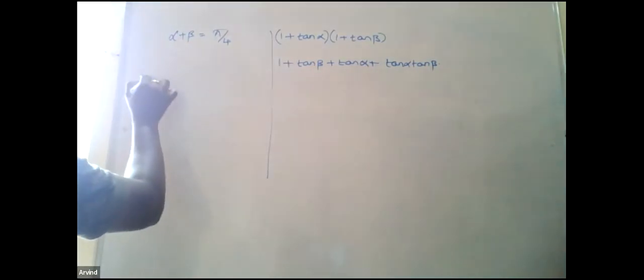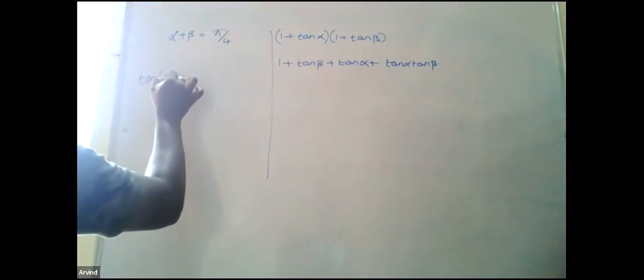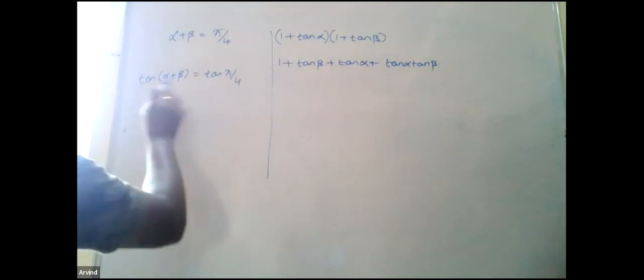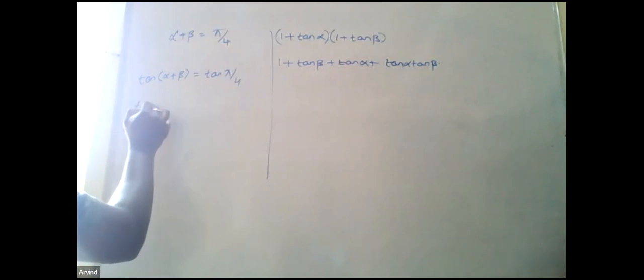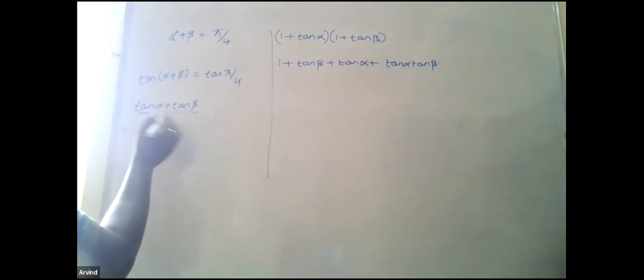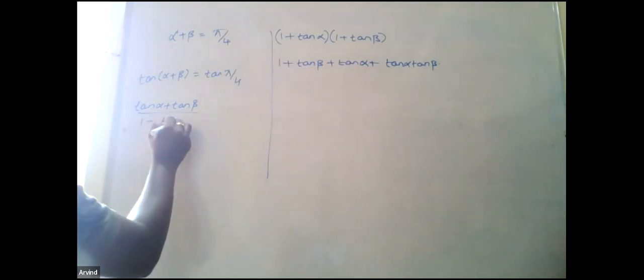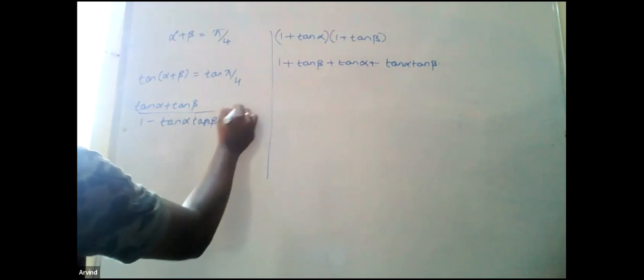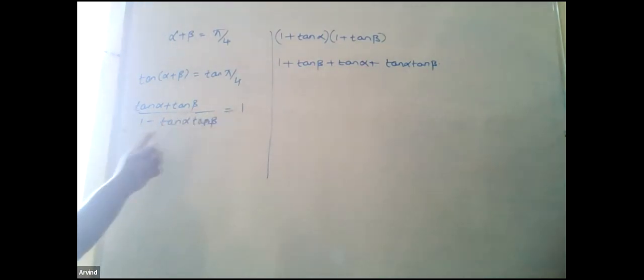Let's keep it aside. Now I'll apply tan on both sides. So tan of alpha plus beta is tan alpha plus tan beta divided by 1 minus tan alpha tan beta. Tan pi by 4 is 1. I'll cross multiply.